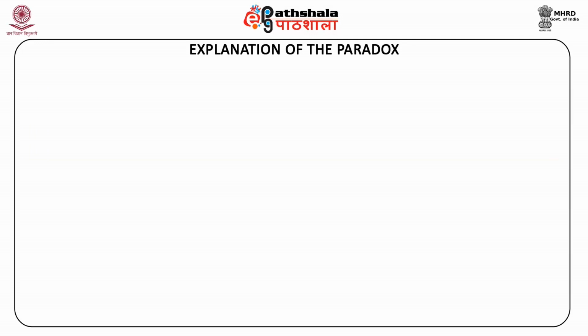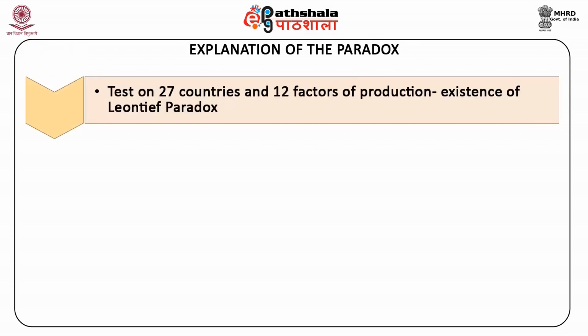Bowen, Leamer, and Sveikauskas tested the Heckscher-Ohlin model on data from 27 countries and 12 factors of production and confirmed the existence of the Leontief paradox at an international level also.